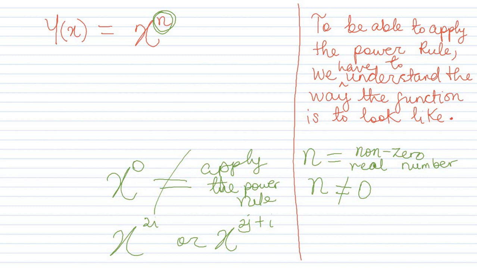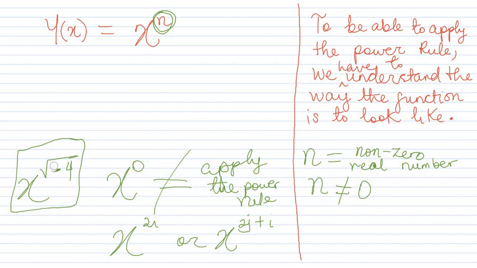So when I say 2i here, it's the same as saying you cannot have x to the square root of a negative number, like the square root of negative 4. Whenever the square root of a negative number comes into play, the number loses its realness. It becomes an imaginary number.